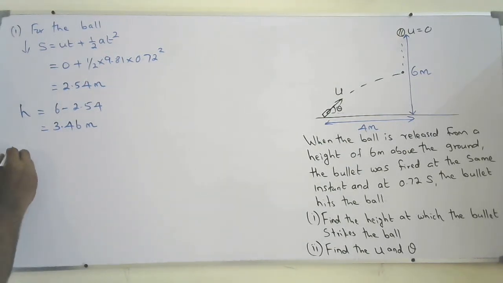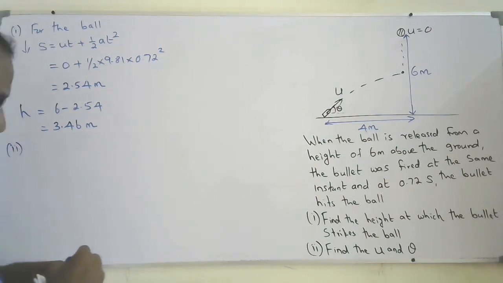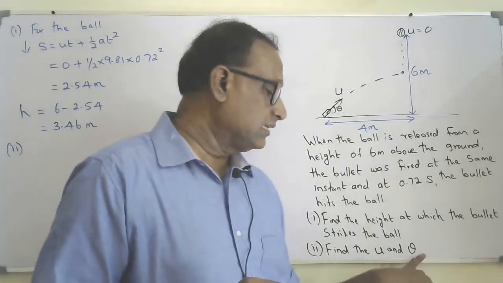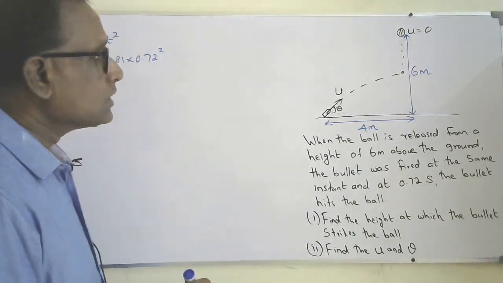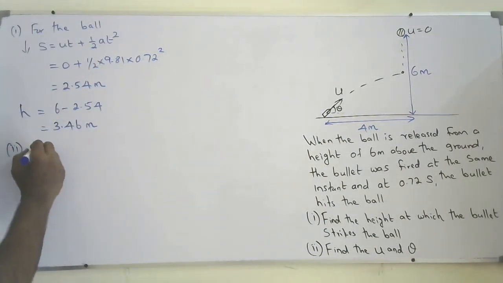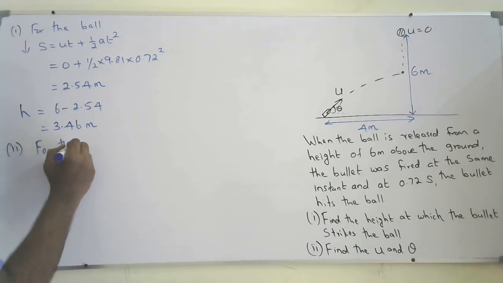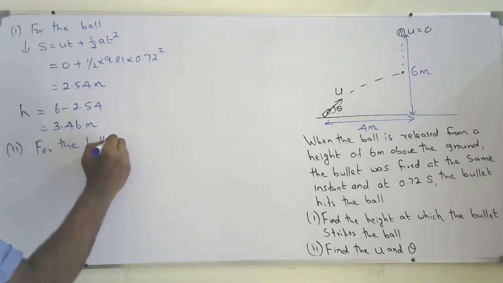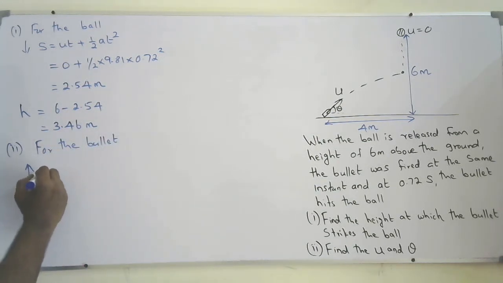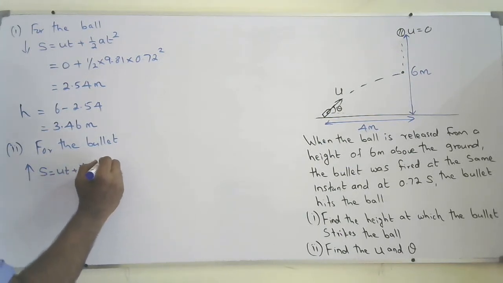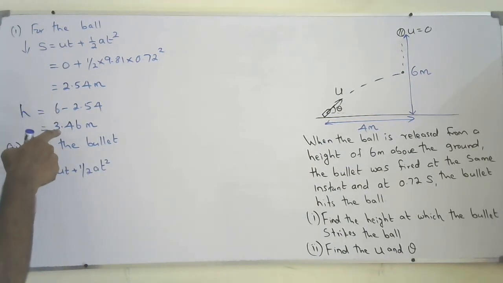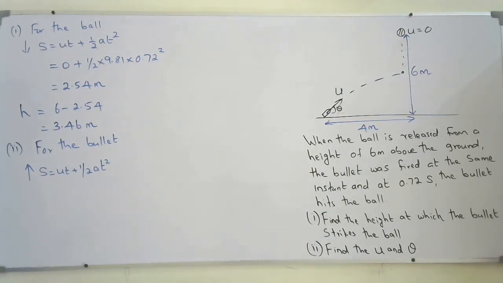Second part, the initial velocity of the bullet is u and the angle with the horizontal is theta. We need to find both u and theta. So for the bullet, vertically upwards, s equals ut plus half at squared. It strikes at a height of 3.46 meters above the ground, so that will be its vertical displacement.